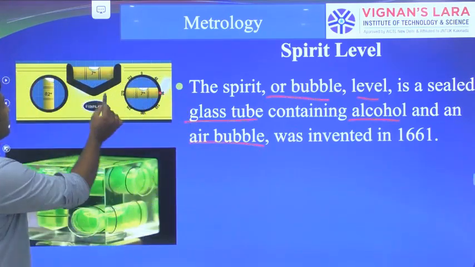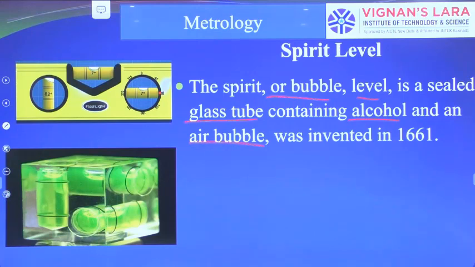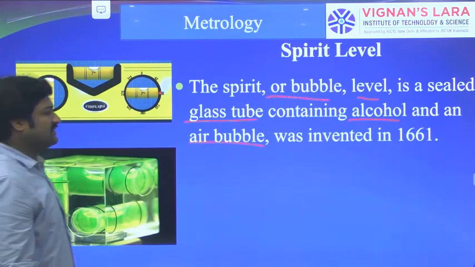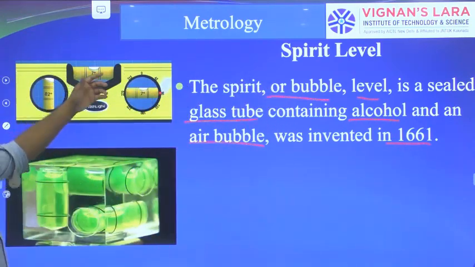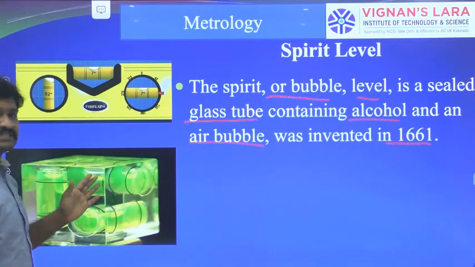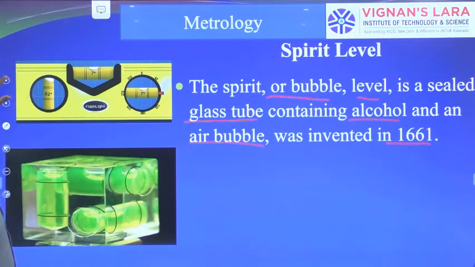By means of this air bubble only, we are identifying whether the component is horizontally aligned or making any inclination. By the position of this air bubble, we identify whether it is aligned correctly or not. This was invented in 1661. From 1661 onwards, we are using this spirit level.